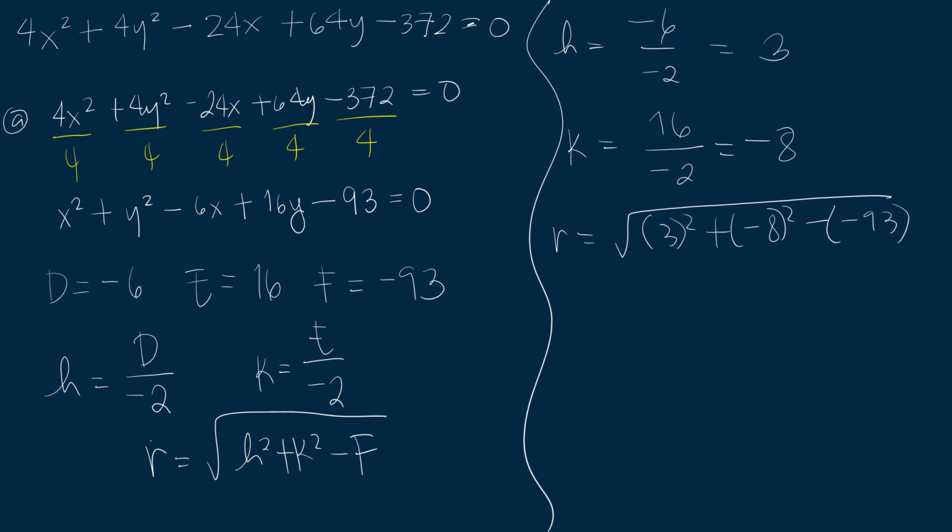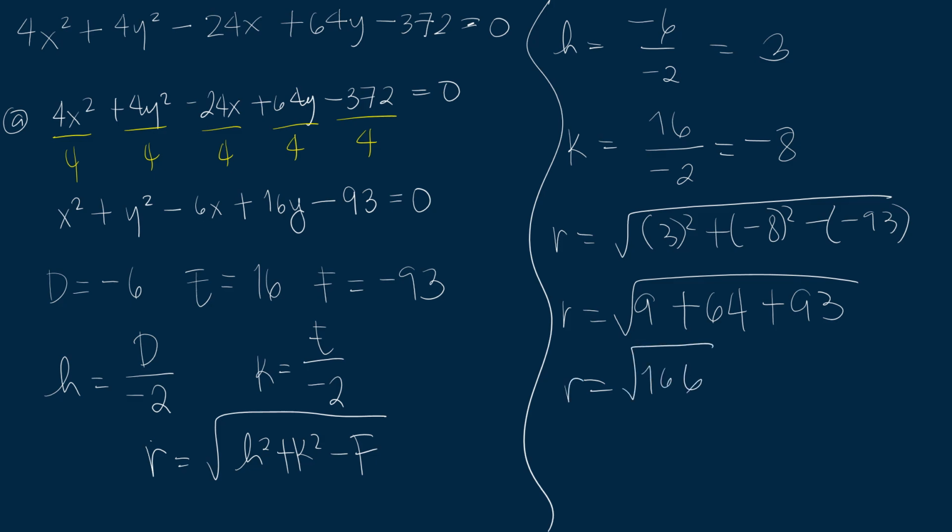Then, for your r, simplify the given expression inside the radical sign. You have 9 plus 64 plus 93, which is equal to 166. And that is inside your radical.